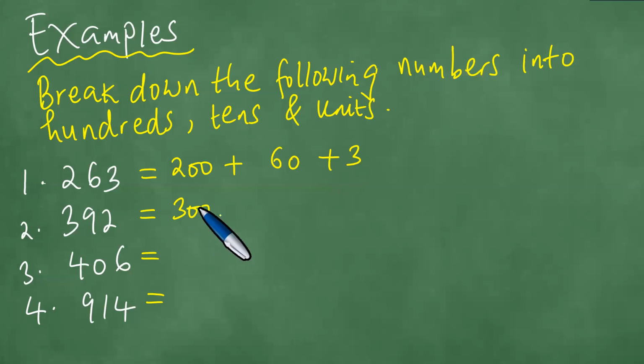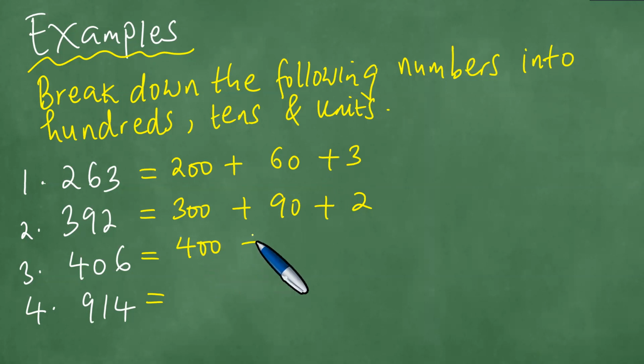Here you have 300, we have 90, and then 2. 400 plus 6. Here you have 900 plus 10 plus 4.